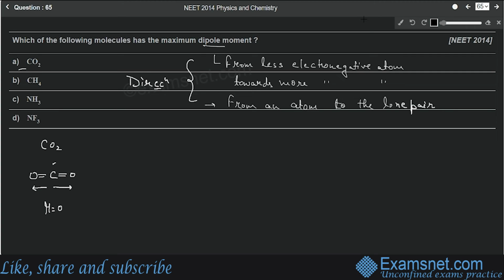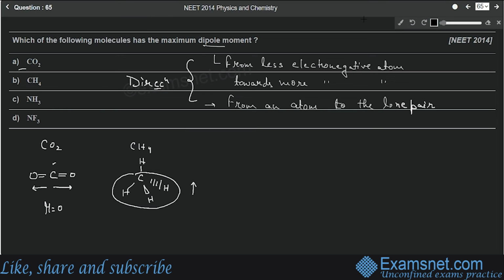Now let's come to the second option, that is methane. So if we draw the structure of methane, this is carbon, this is hydrogen, this is one hydrogen, then another hydrogen, and then another one. Now here the combined dipole moment of these three bonds will be in the upward direction.